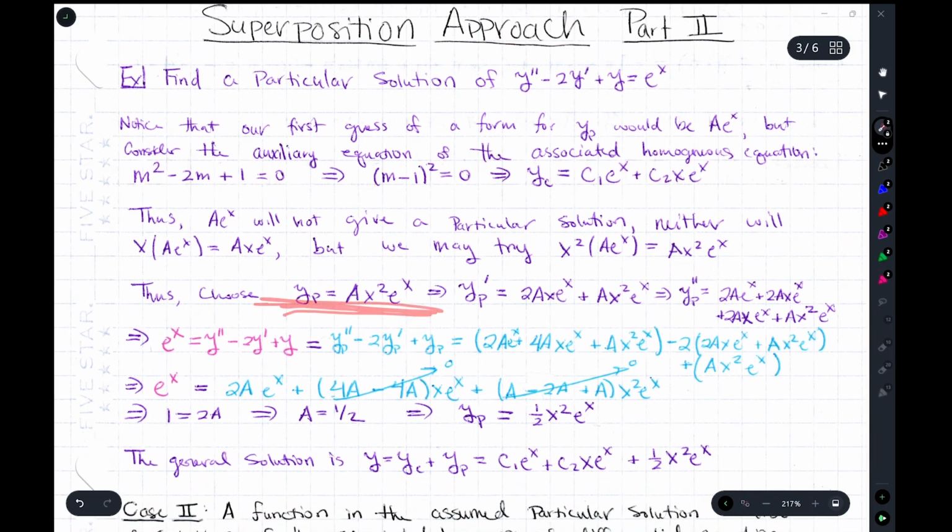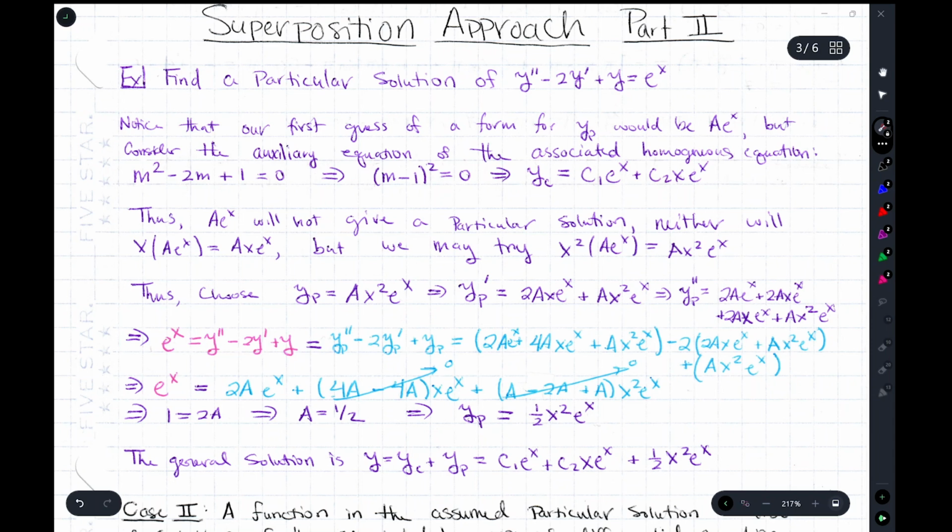So when we guess this form here for y particular, we have these derivatives of that, okay? And here the left-hand side is just given from the problem, e to the x is equal to this. Now this right-hand side is saying, take y particular and its derivatives and plug it into the differential equation, and you get this over here.